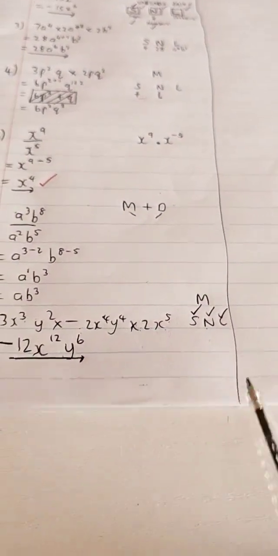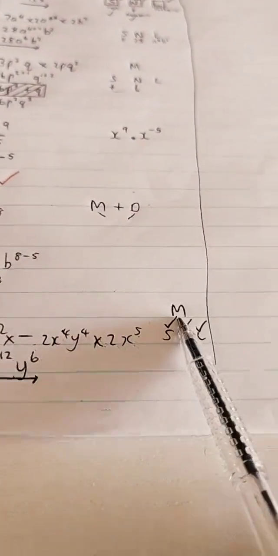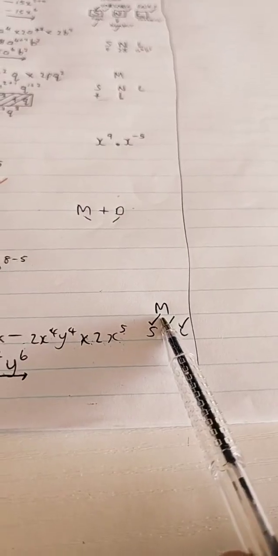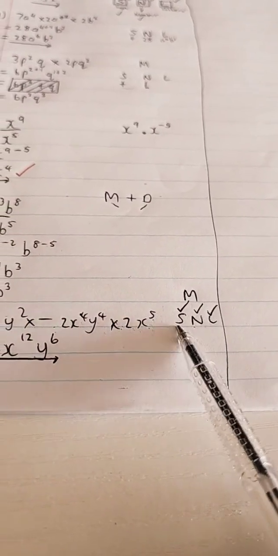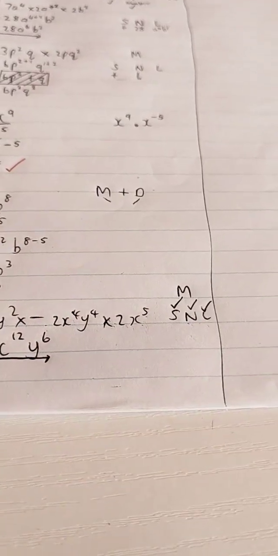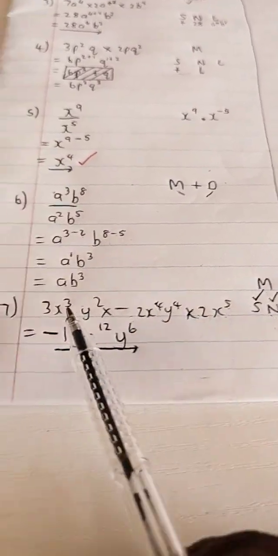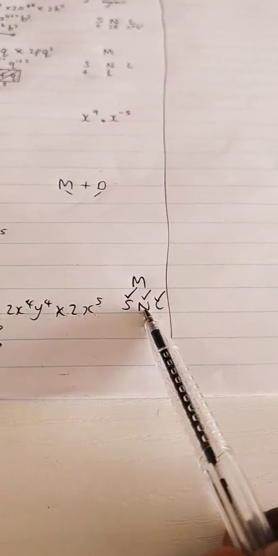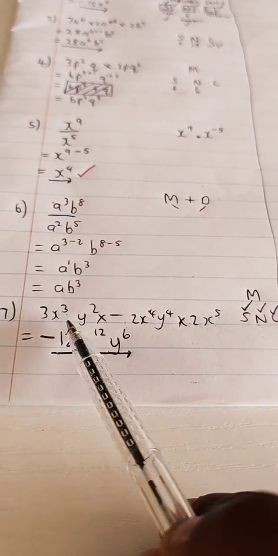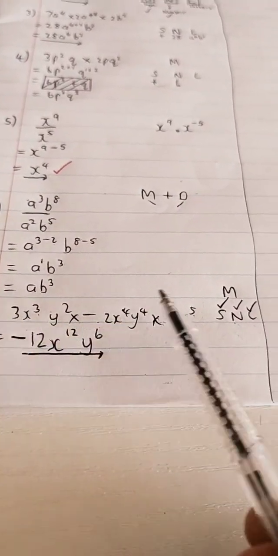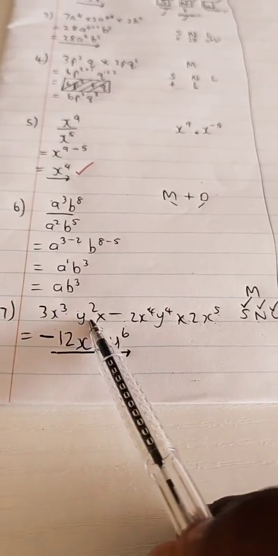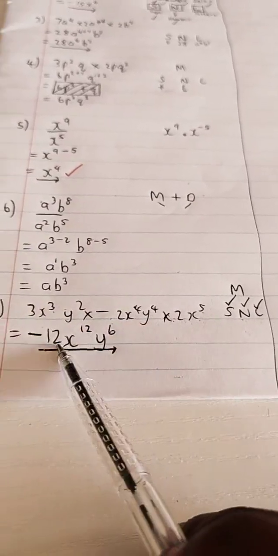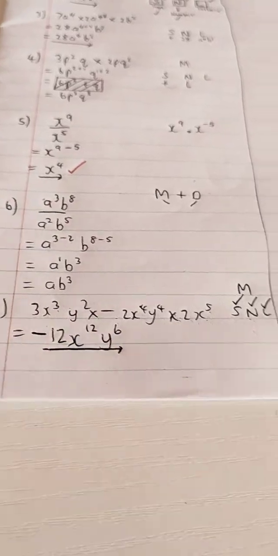Guys, do you see this thing? When there's multiplication, we apply multiplication of sign, number, letter. Just put it in that order in your heads, guys. You multiply first the signs, you multiply next the numbers, you multiply next the letters: x, x, x. You multiply the letters y, y. You see, you combine them together.